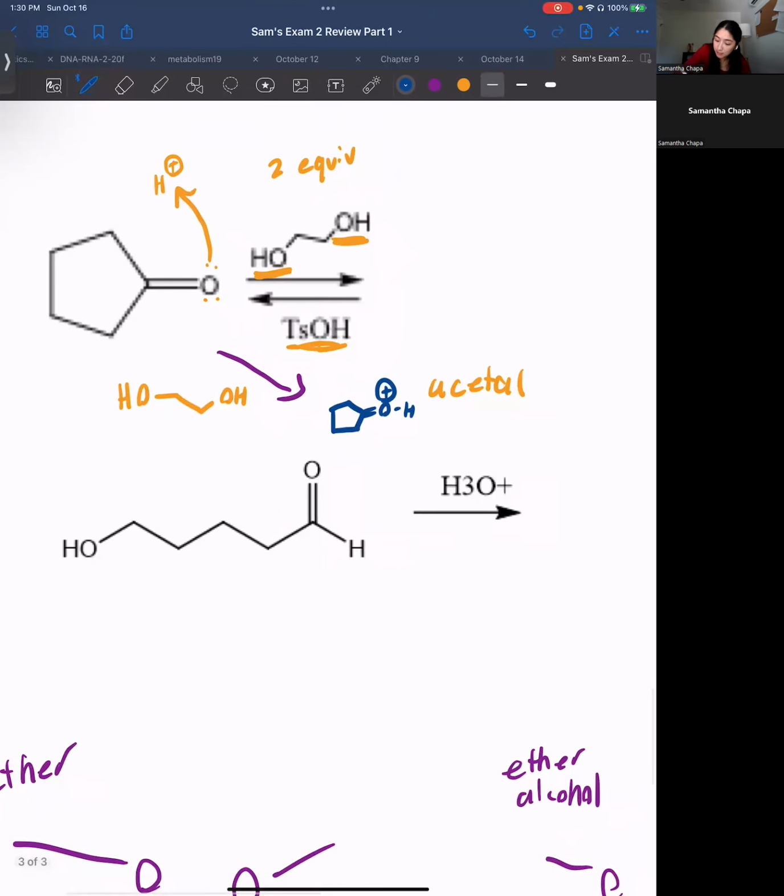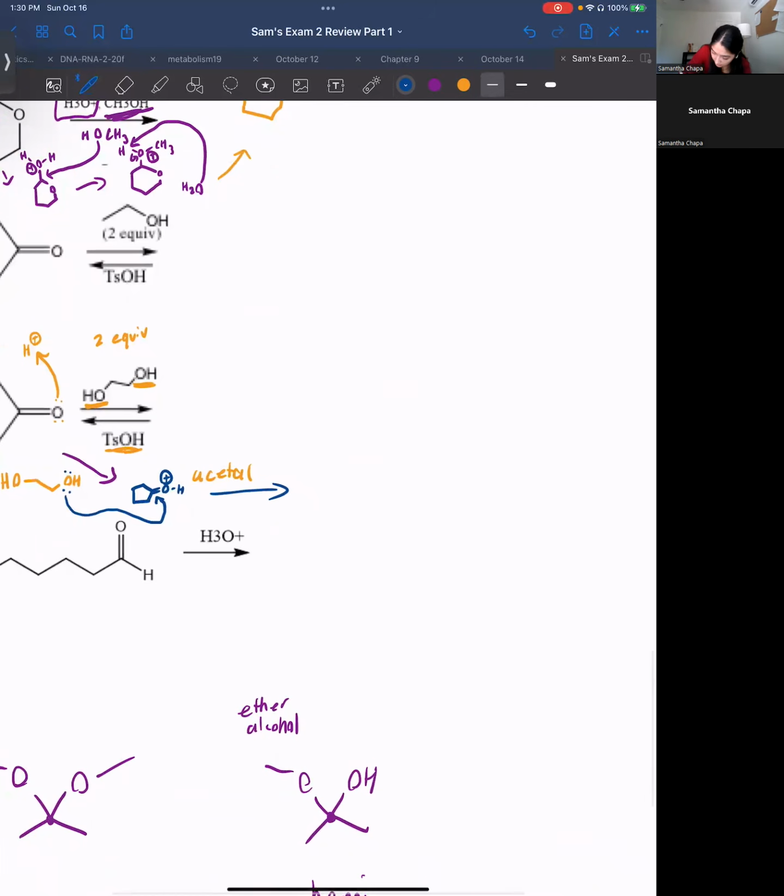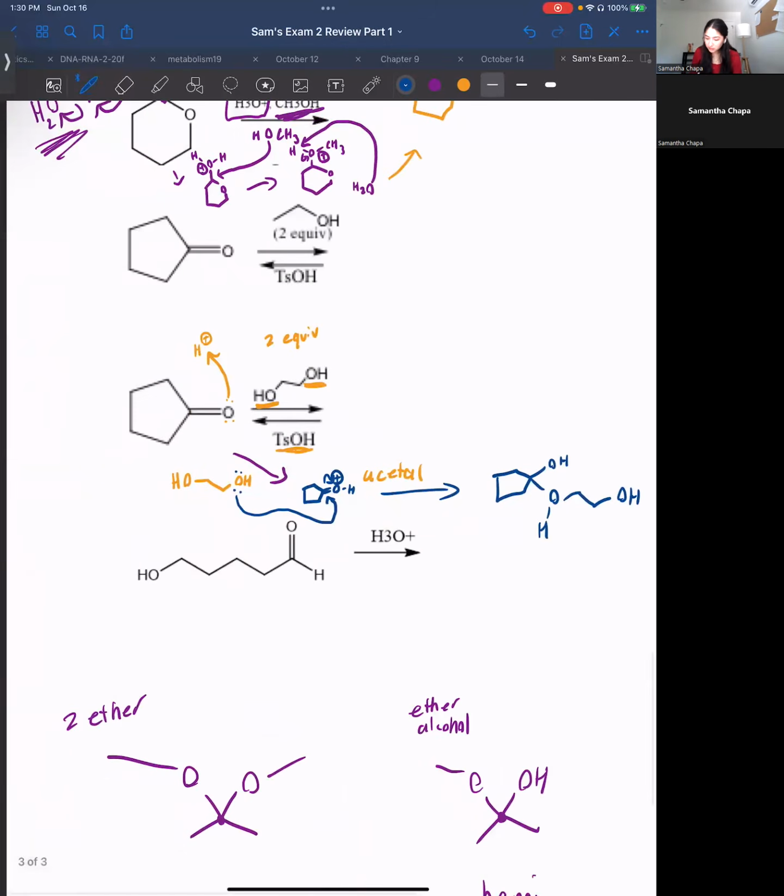So that's exactly what's going to happen. This neutral nucleophile is going to come in and attack my carbonyl carbon. And so I get this, O with 2 carbons, OH, H group. So good. We're good right now.